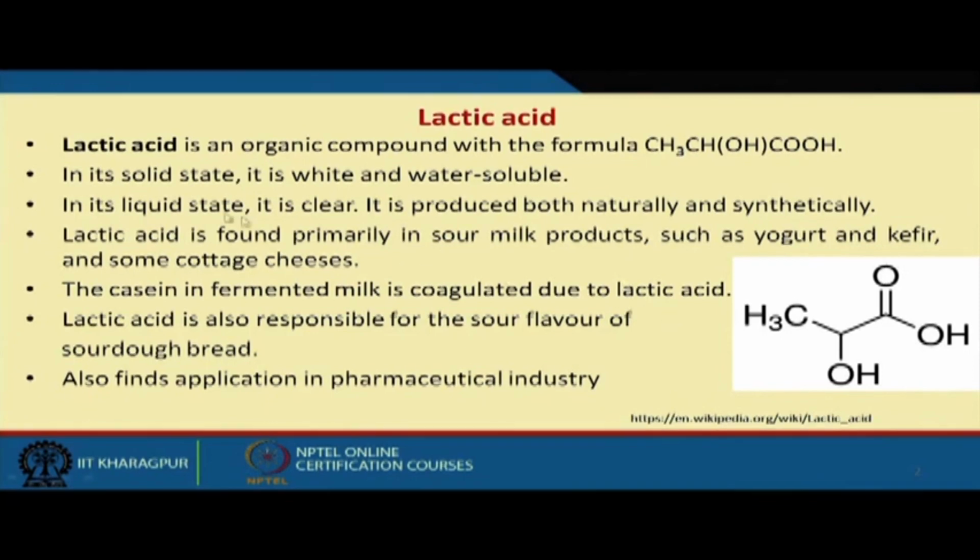And lactic acid is found primarily in sour milk such as yogurt, kefir and some cottage cheese. The casein in fermented milk is coagulated due to lactic acid, and lactic acid also is responsible for the flavor of sourdough bread. It also finds application in the pharmaceutical industry.